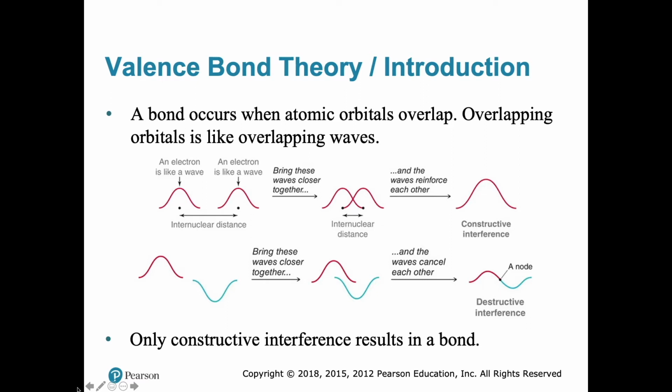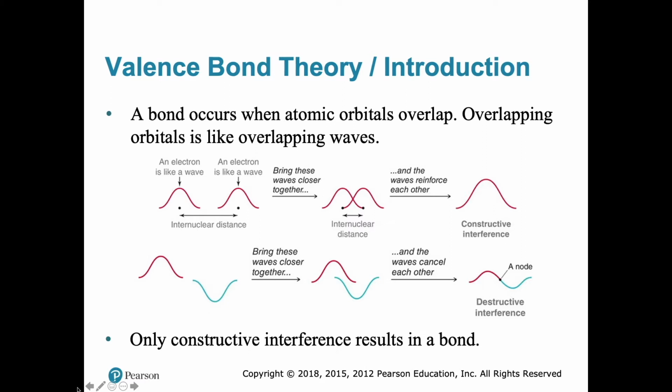So you have two types of what we call interference: constructive interference and destructive interference. And when two orbitals are the same phase, like the same plus sign or the same minus sign, and they come together, they actually form a bond, and that's called constructive interference.